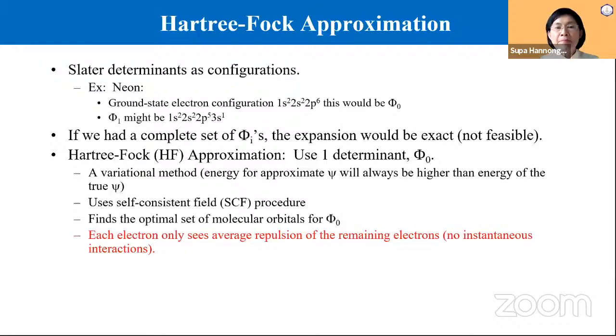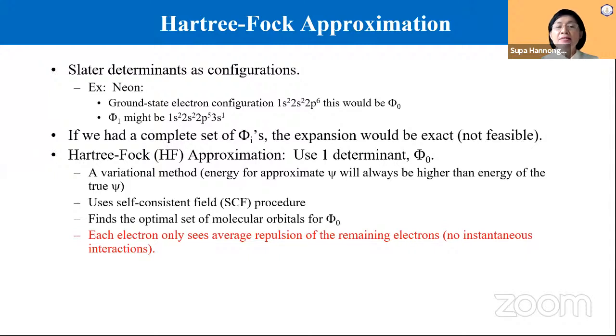Sometimes it takes many cycles trying to predict the new wave function until we find the optimal set of molecular orbitals for a ground state wave function. And in this way, we can consider that the electron only sees the average repulsion of the remaining electrons.